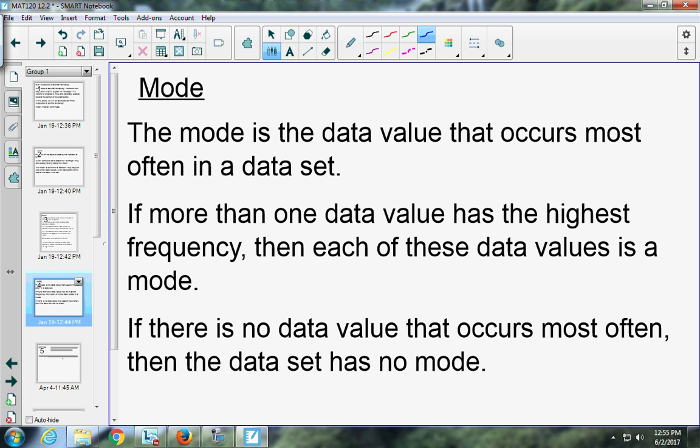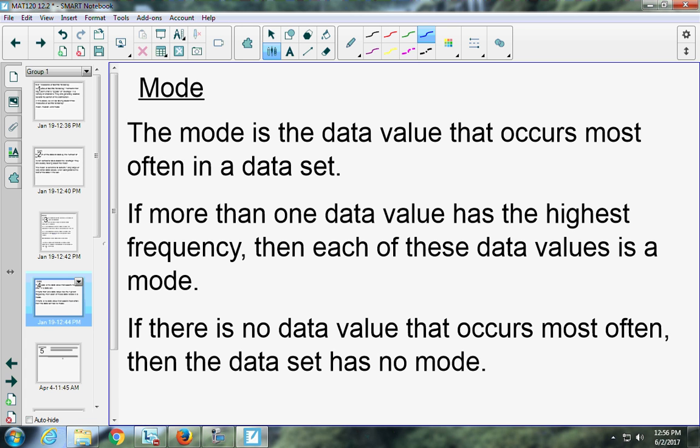The mode is the other measure of central tendency that we deal with quite often. The mode is the data value that occurs most often in a data set. If more than one data value has the highest frequency, then both or all of those data values are the mode.